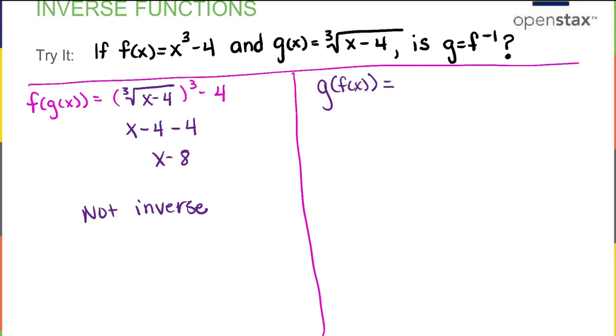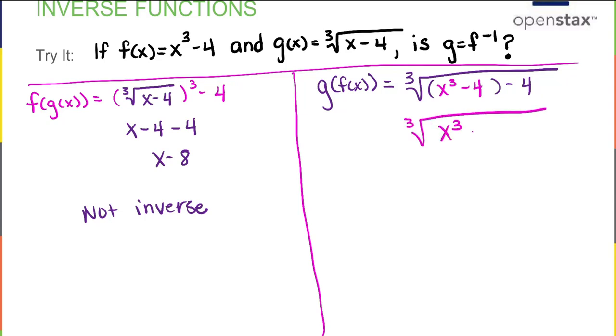So we start off with g, the cube root of x minus 4, and we replace x with f of x, which is x to the third minus 4. And so that leaves you with the cube root of x to the third minus negative 4 minus 4 is negative 8, and you can't really go any further than that. So either way you look at it, they're not inverse functions.